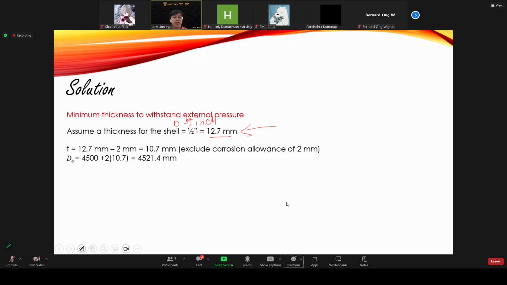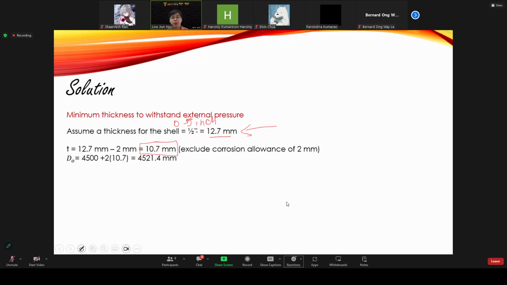So if we want to exclude the corrosion allowance, we use 12.7 millimeter minus 2. Then this is the real thickness that we are going to use for our calculation, the thickness for the shell without the corrosion allowance.